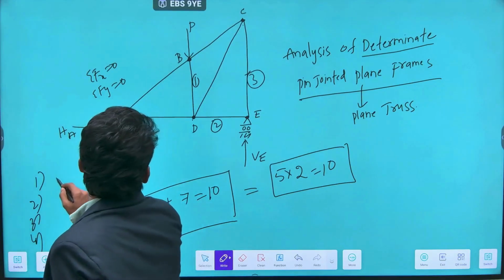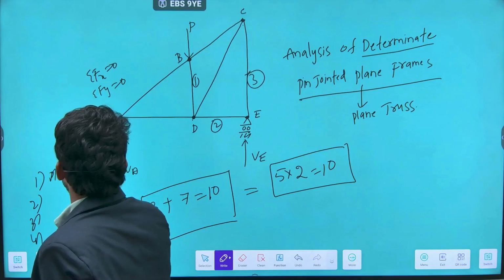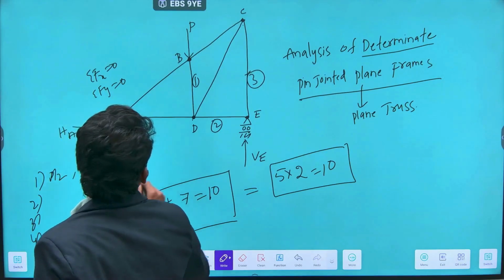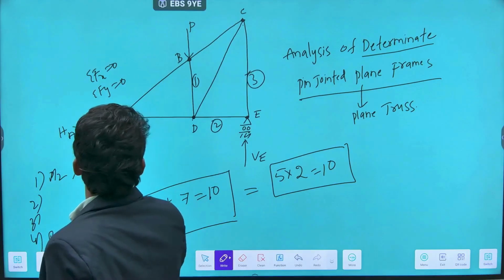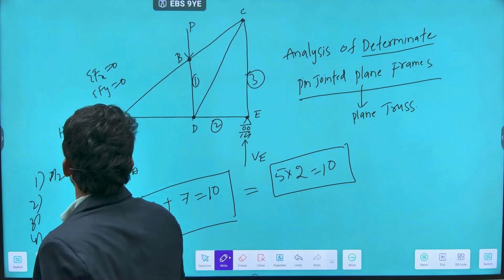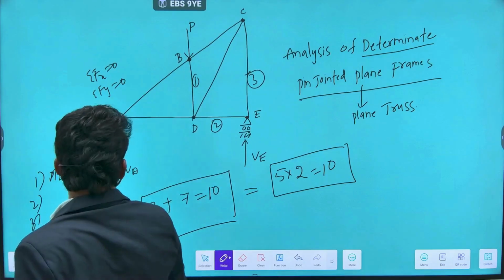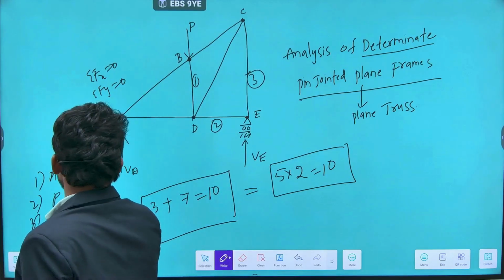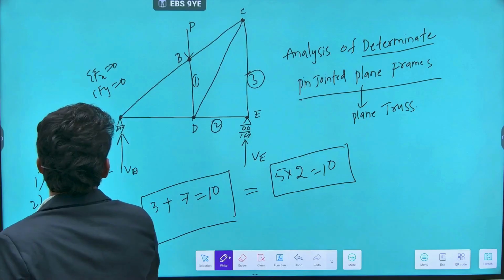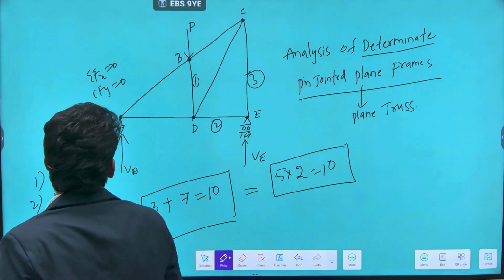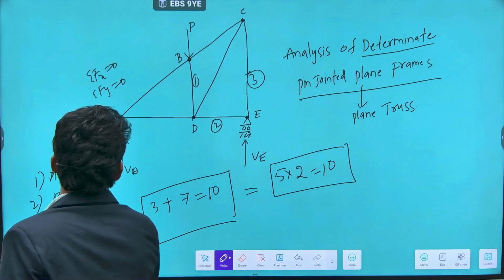Let us say the member force in 1 is P by 2, member force in 2 is P, and member force in 3 is P by 2. Similarly, in the second option, member 2 is 0, member 3 is 0, and so on for the other options.